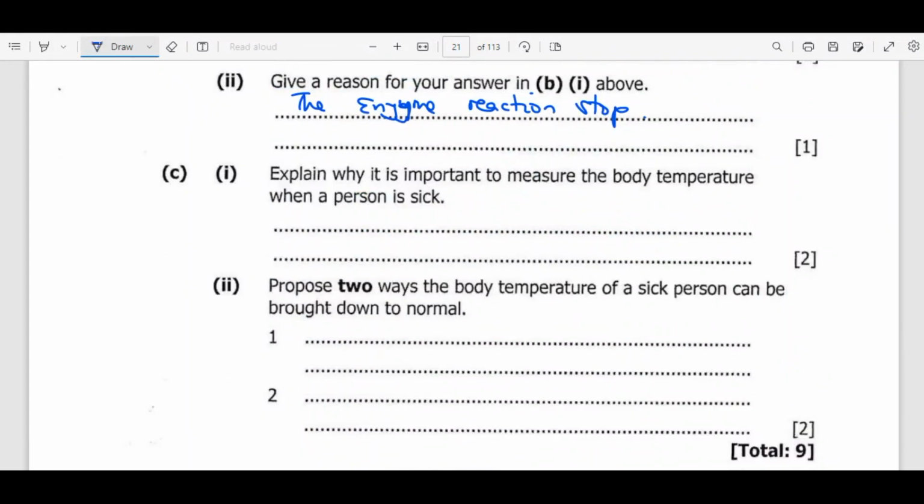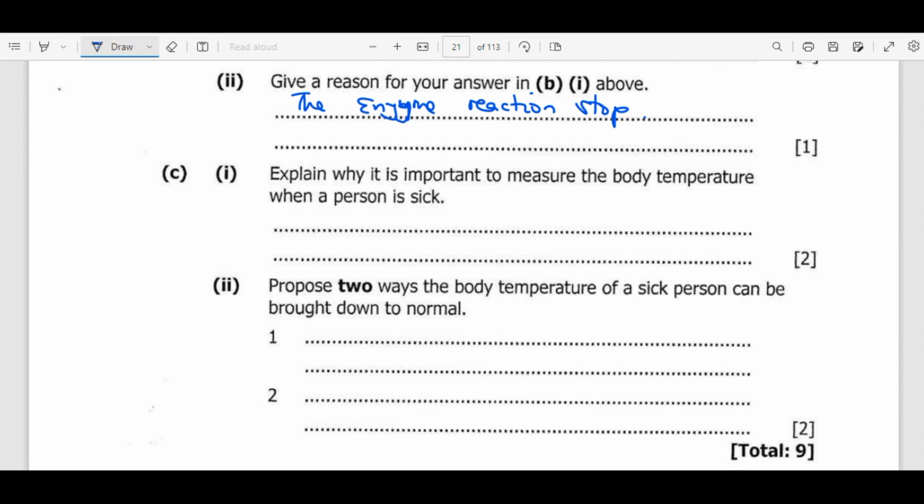Explain why it is important to measure the body temperature when a person is sick. If you are sick, you will find that they use a clinical thermometer to know the body temperature. Now, we have to explain why it is important to measure the body temperature when a person is sick.